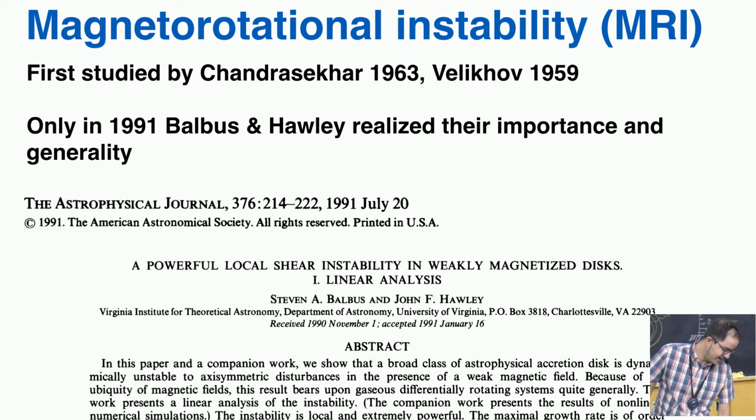And then almost 30 years after the breakthrough of Chandrasekhar, the plasma physicists Stephen Balbus and John Hawley rediscovered the magnetorotational instability and its role in accretion disks, and they published this paper, which now is one of the most cited papers in theoretical astrophysics, where they do some kind of instability analysis. They do the linear regime of the instability analysis.